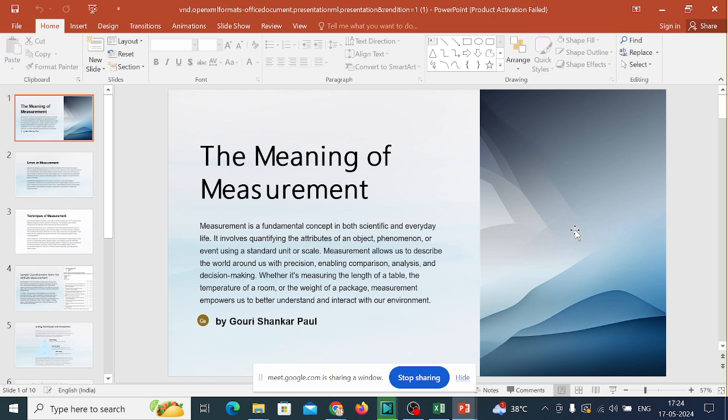Measurement is simply a fundamental concept, and every day there is an involvement of measurement in our life. How many kilometers we are running, how many kilometers we are covering, all of this comes under measurement. Another important thing involves the phenomenon or the standard scale.